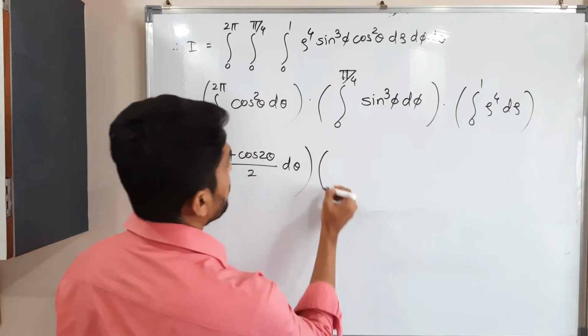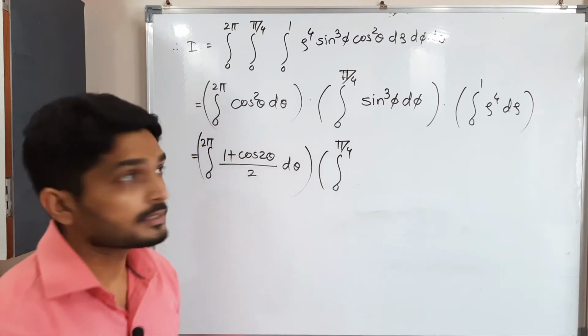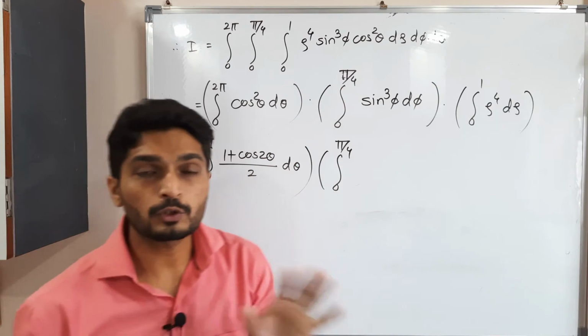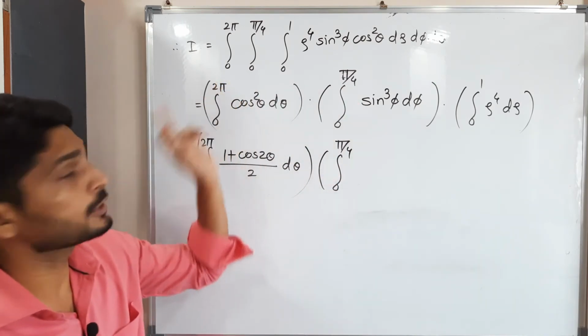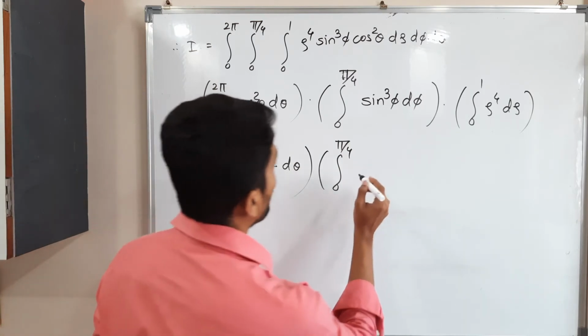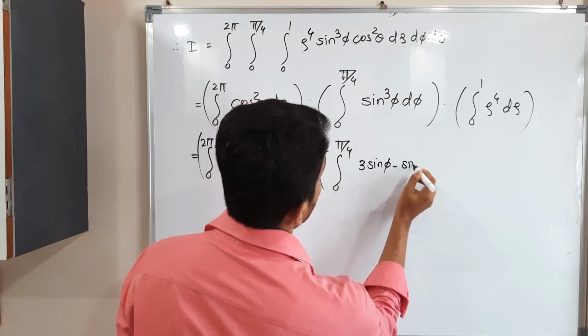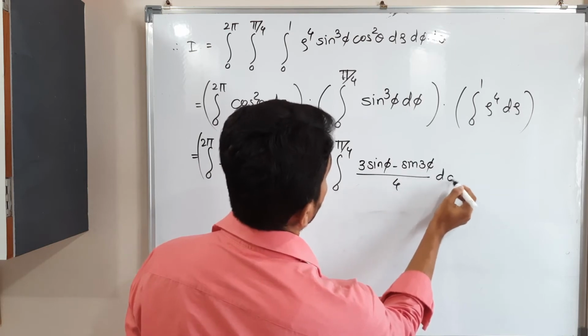What about sine cubed phi? The angle is pi by 4, so we cannot go for the beta gamma function, as the angle should be pi by 2. So sine cubed phi means (3 sine phi minus sine 3 phi) divided by 4, d phi.